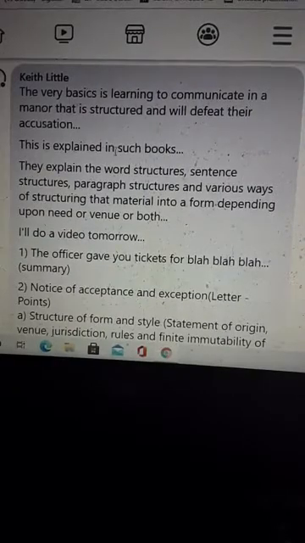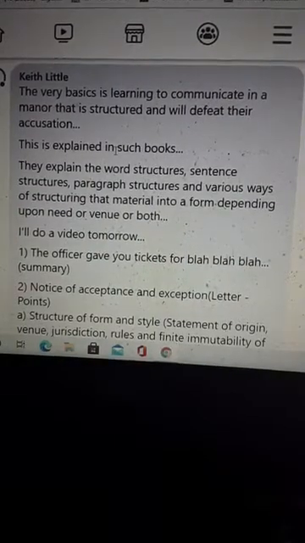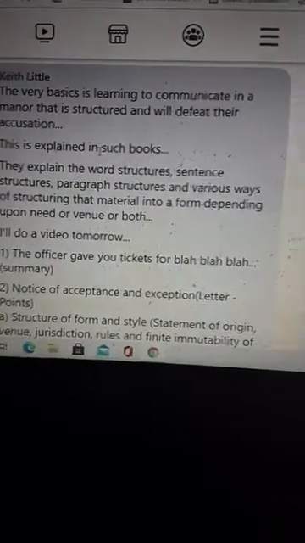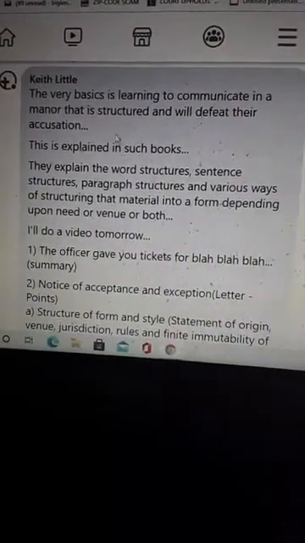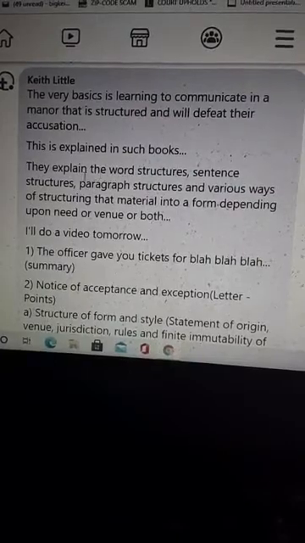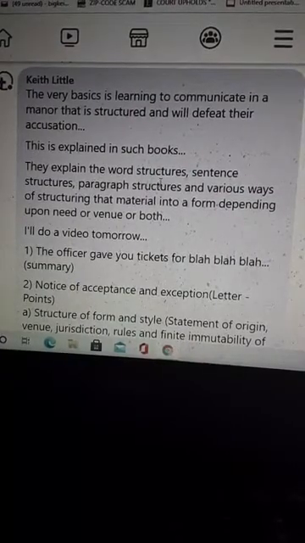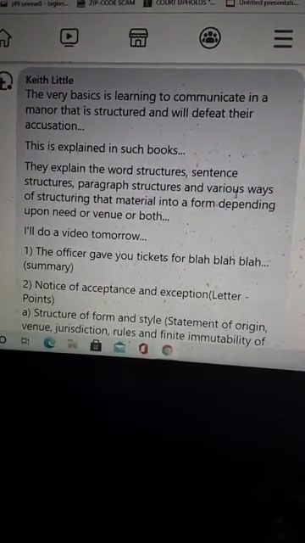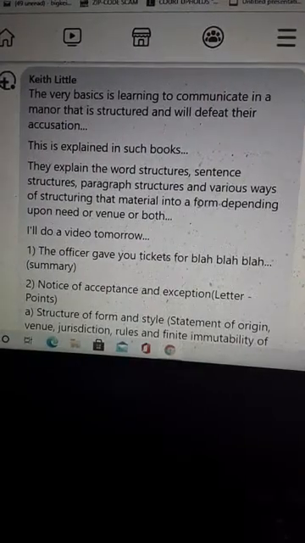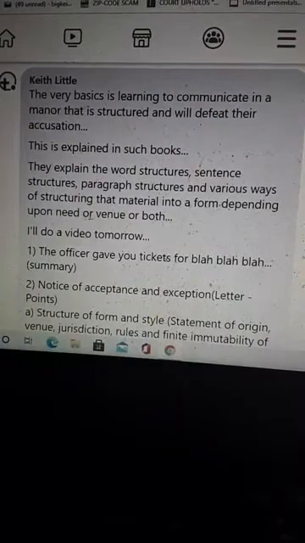This is explained in such books as what I just showed you, Hans P. Guth's Concise English Handbook. They will teach you how to do this if you just take the time to research it and read it. They explain the word structures, sentence structures, paragraph structures, and various ways of structuring that material into a form depending upon the need or venue or both.